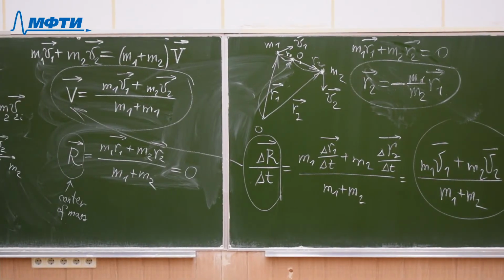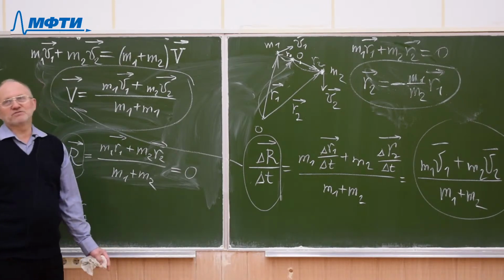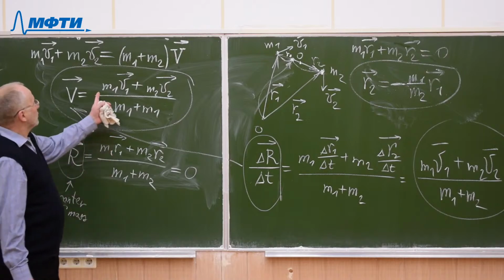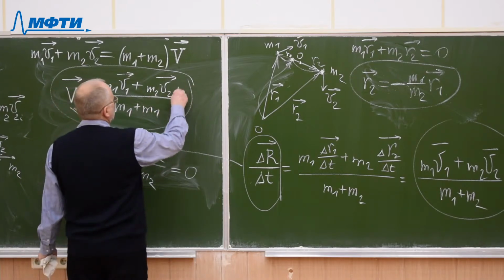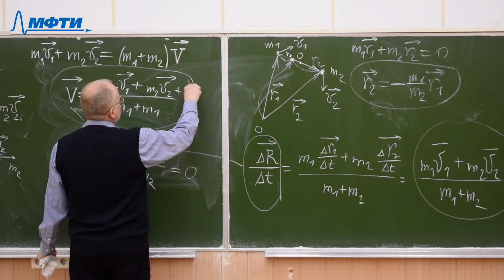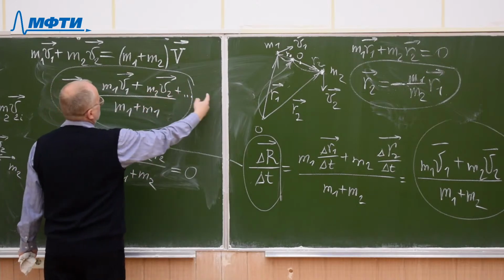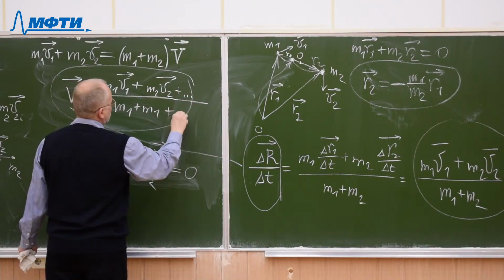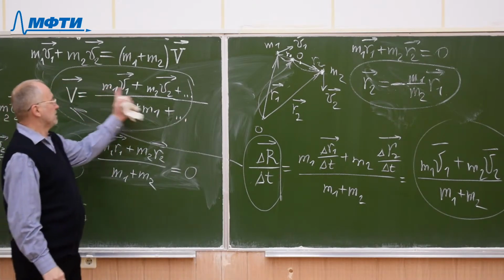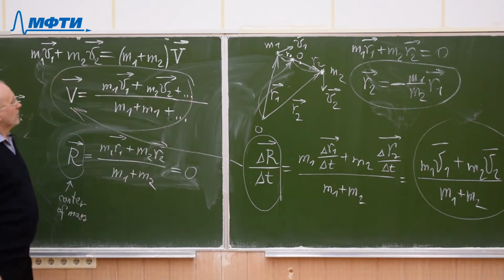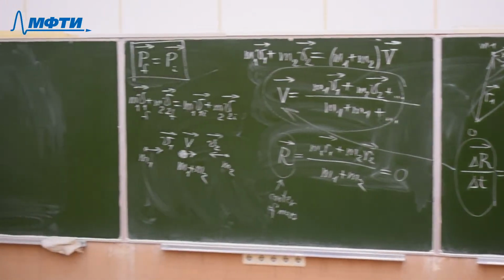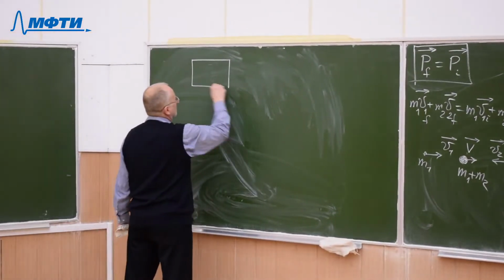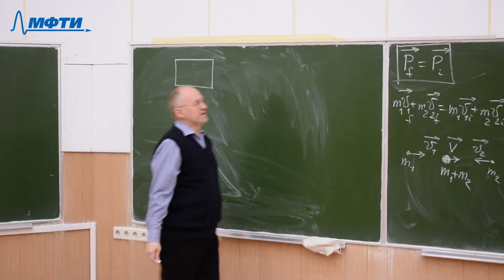All these considerations allow one to calculate the center of mass of different combinations of particles. If we have not two particles but more than two, like 3 or 4, then we just have to add similar terms related to other particles, and also add the masses of other particles. And if we have some solid body, for example a rectangular plate, how to calculate its center of mass?